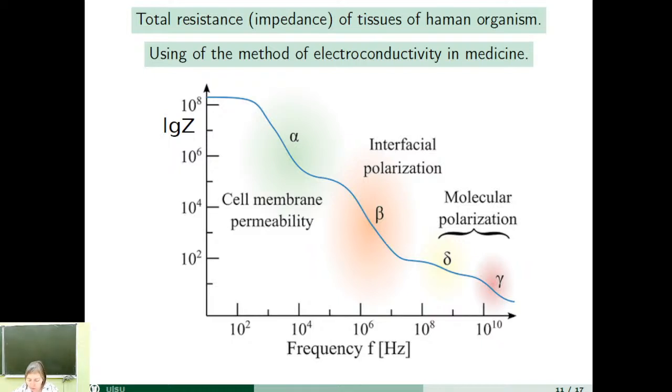At low frequencies, all structures react to change of a field: alpha dispersion. With increase of frequency, large molecules, dipoles of organic junctions, and molecules of water react: beta dispersion. And at the highest frequency, only molecules of water react: gamma dispersion.